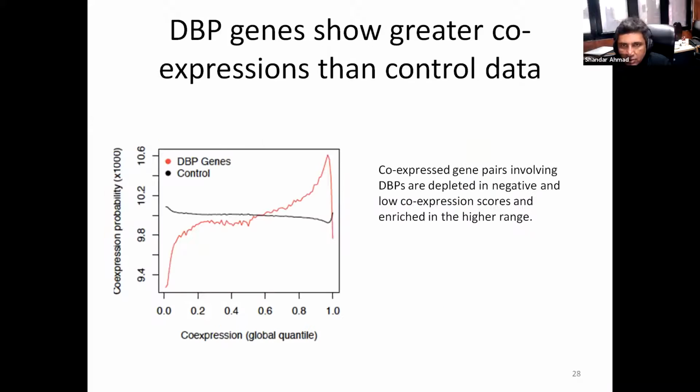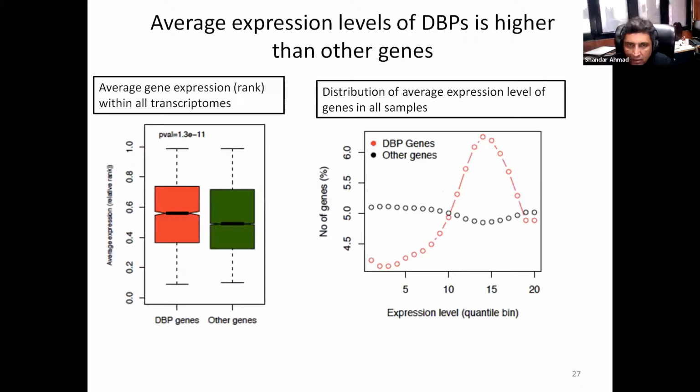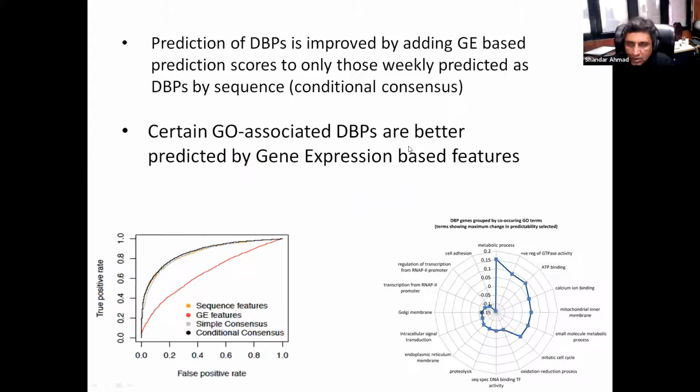I show you this data, that the genes that code for DNA binding proteins have typically higher expression value, but this higher expression value is not necessarily associated with DNA binding activity. In combination with these gene ontology terms, we could integrate the gene ontology information about the co-expressed genes and the nature of the co-expression, and we could improve the annotations of DNA binding proteins.